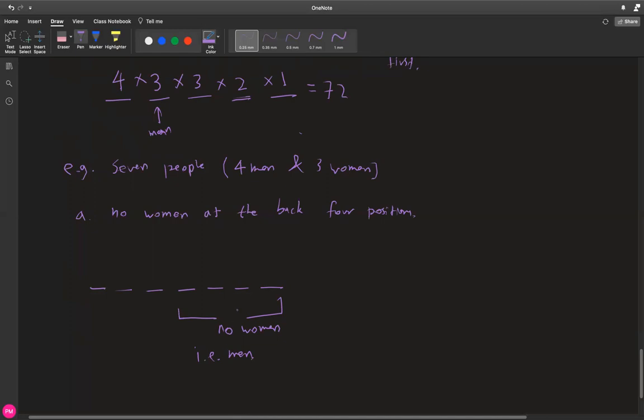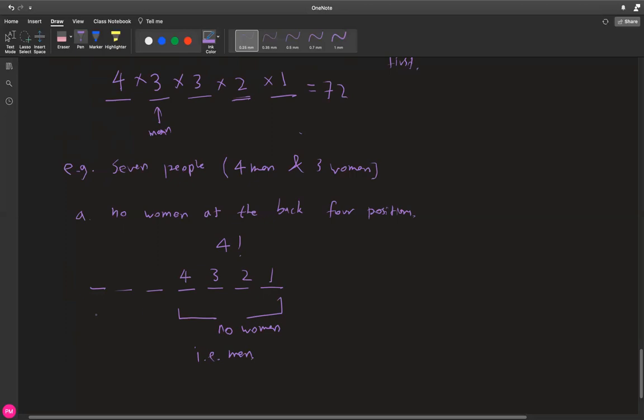So let's actually consider the last 4 spots first. We know that in the last 4 spots we can have no women, so we can only have men in this case. So we have 4 men and 4 different spots. Then it's pretty simple, you can simply do 4, 3, 2, 1. So it's simply 4 factorial.